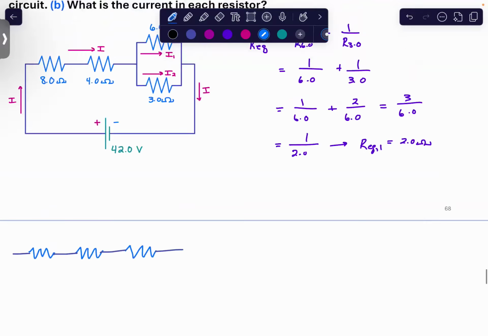So again, what we have is, this will still be the 8 ohm. This one will still be the 4 ohm. And now what was a parallel system, you now have 2 ohms.